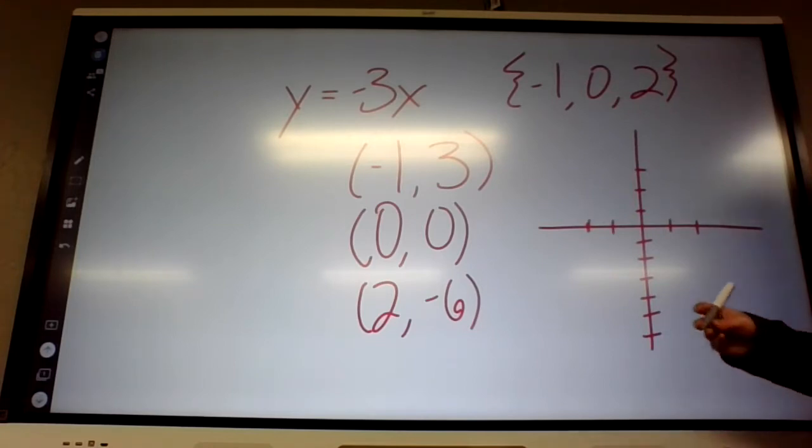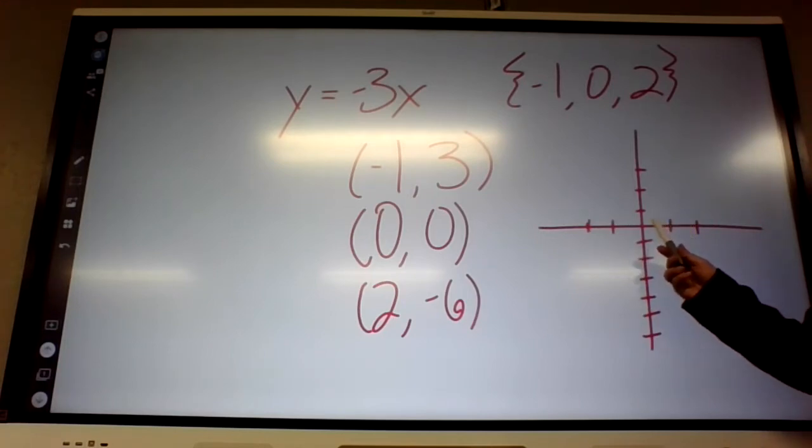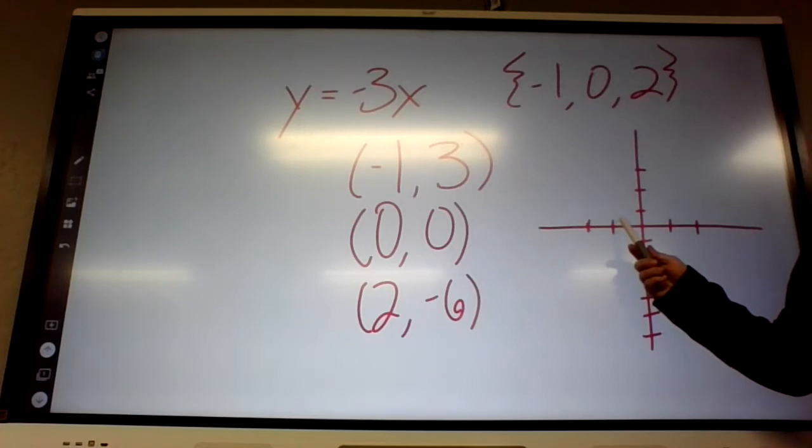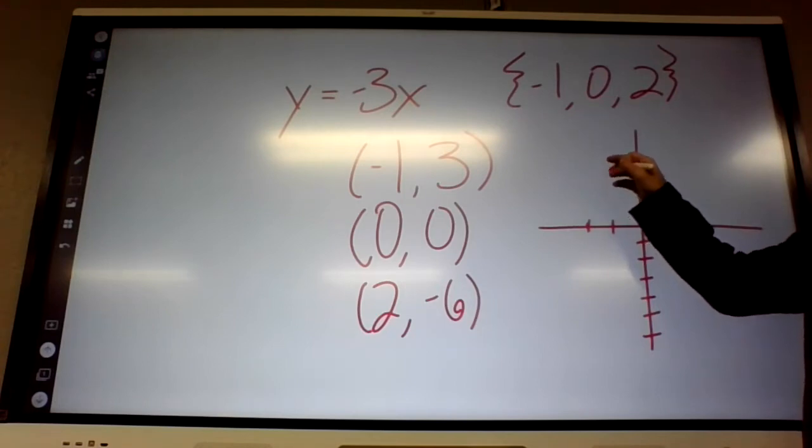You write a dot at it. Okay, Jaden, if it says -1 first, which direction should I move? Yes. And then +3? Up. So yeah, -1, 3 is right there.